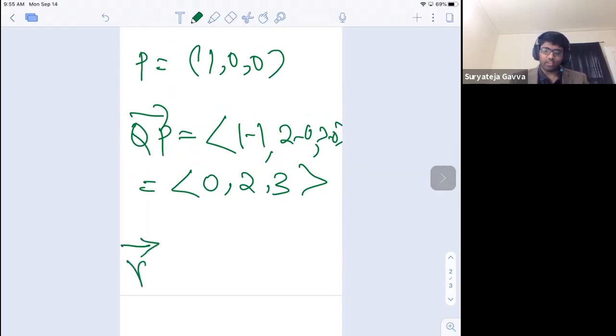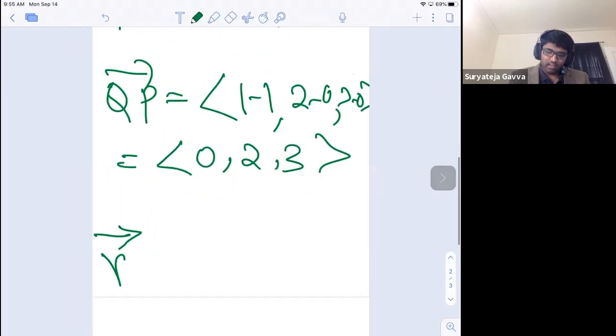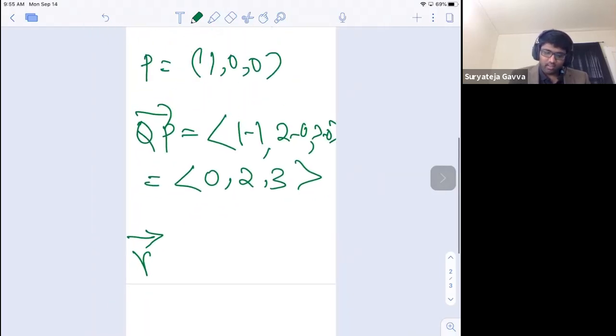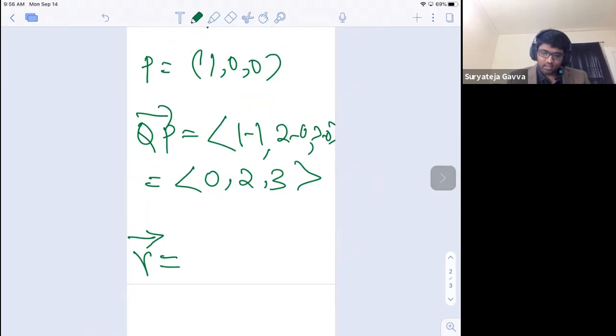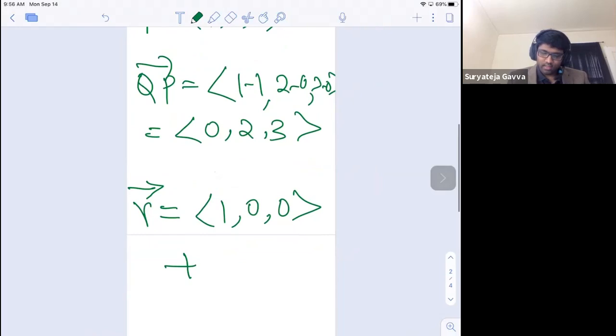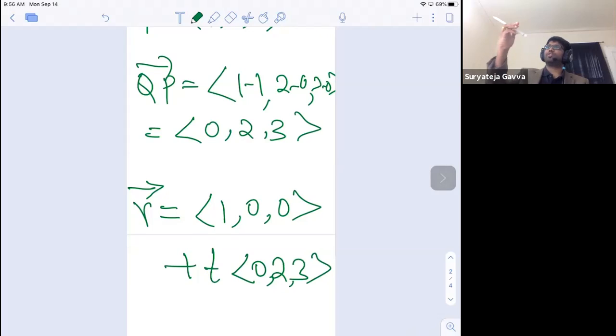any point on the line is given by some r equals (1, 0, 0), this vector, plus t times this direction vector. Okay, so the initial point plus, what do you mean there's a slope? If you have two dimensions, there is a meaning of slope. But what do you mean by slope now?